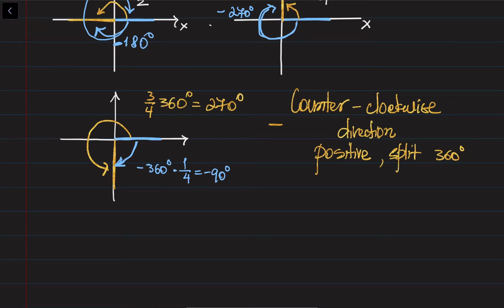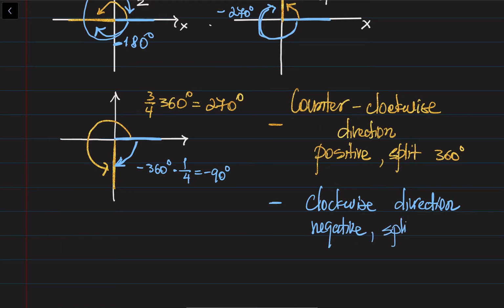And every time we rotate the terminal line in the clockwise direction, we are going to get negative angles. So this is how we define the negative angles, how we draw the negative angles. And what we need to do is split minus 360 degrees.